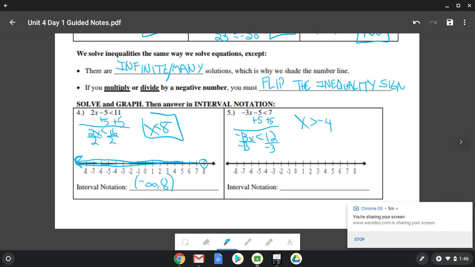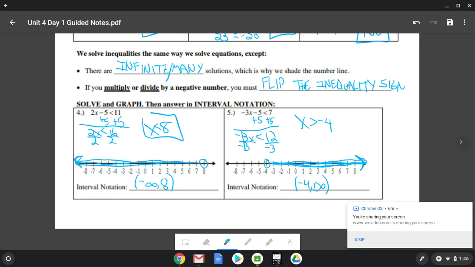Now we go open circle because it doesn't have equal to. Greater than sign, and it's pointed to the right. That's the way that we're going to shade, and then we have an arrow at the end. So now we have negative 4 comma infinity, and they're both going to be parentheses because there's no equal to sign underneath that inequality.